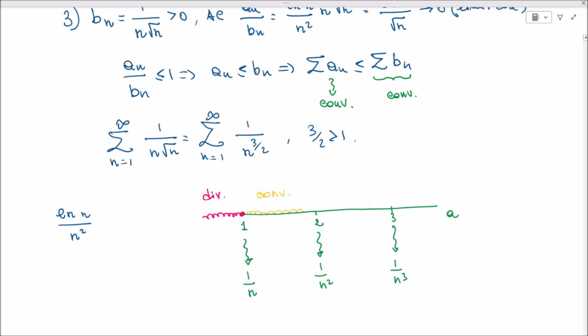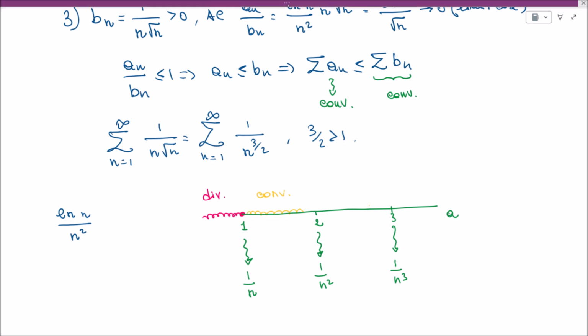Now the problem is that our series, which is logarithm of n divided by n squared, is not exactly any of these. We need to know exactly where this sequence sits, okay? Well, consider that logarithm of n at the numerator is consuming part of the n squared, which sits at the denominator.